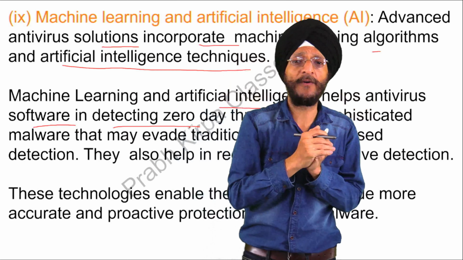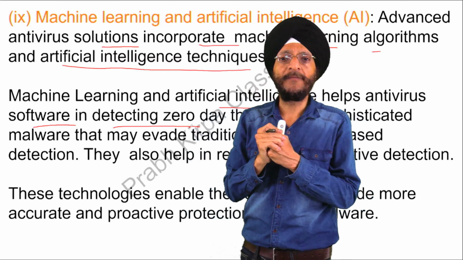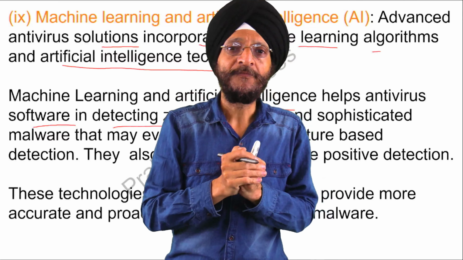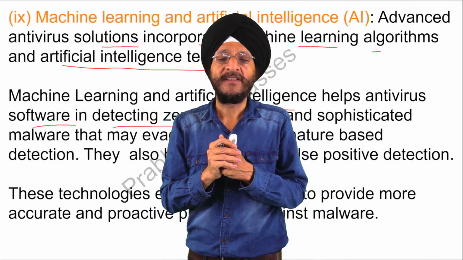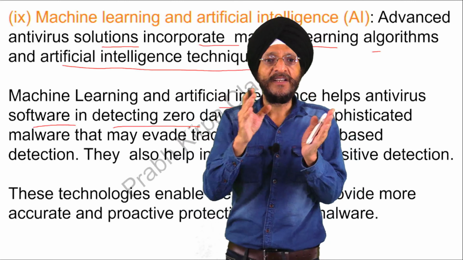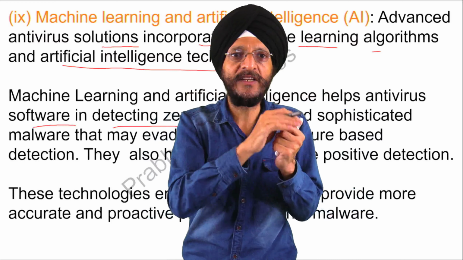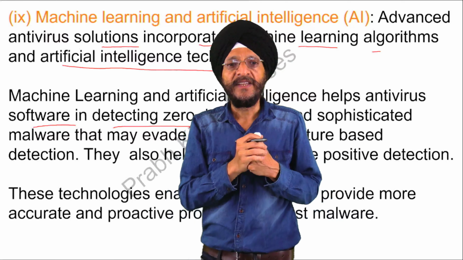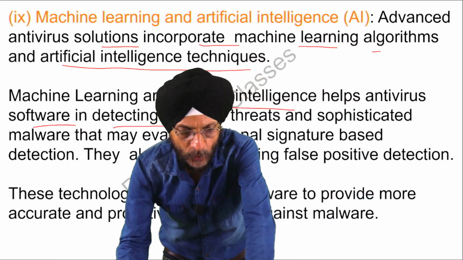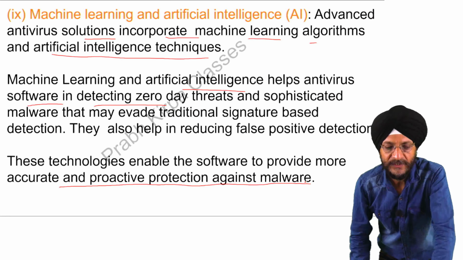So antivirus software which makes use of machine learning or artificial intelligence reduces the chances of false positive detection. These technologies, that is machine learning and artificial intelligence, enable the software to provide more accurate and proactive protection against malware.